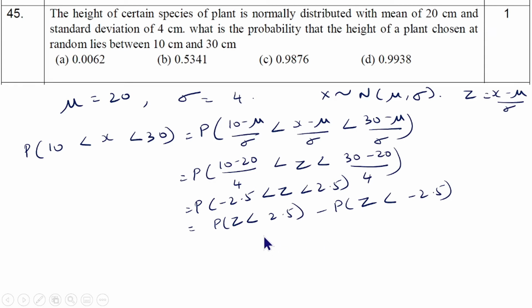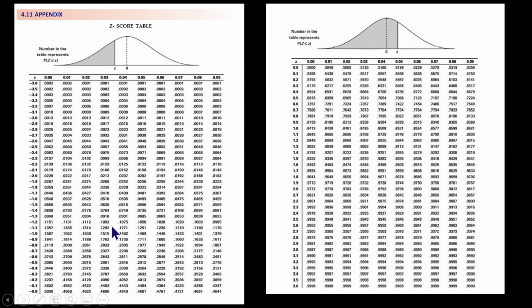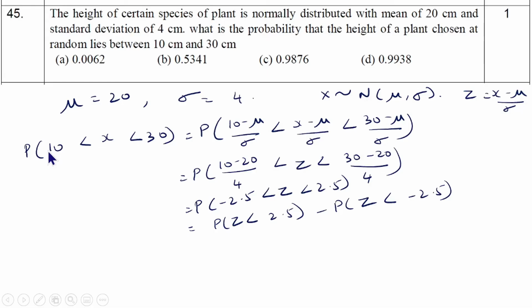So using the z score table, we can find the values of probability of z less than 2.5 and probability of z less than minus 2.5. When we substitute the values, we will get the answer. So using the z score table, probability of z less than 2.5 is 0.9938, and probability of z less than minus 2.5 is 0.0062.